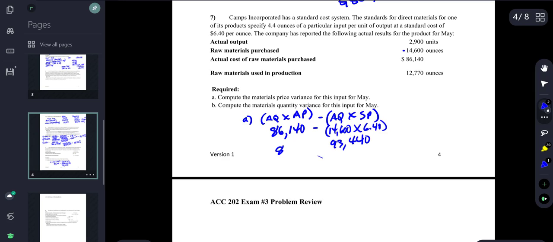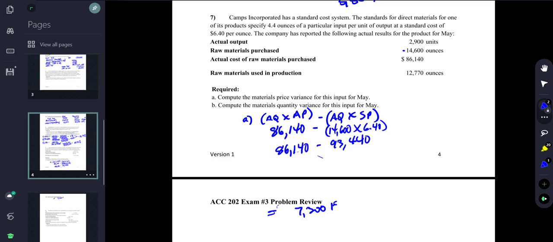And we compare that to 86,140, and we get a difference. So 86,140 is the actual. The standard is 93,440, and because the actual is lower than the standard, our variance here for the price is going to be 7,300. That's favorable.